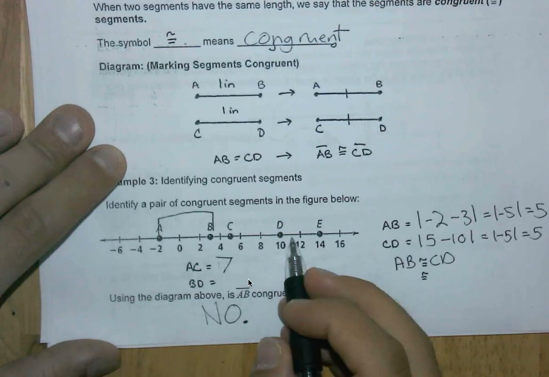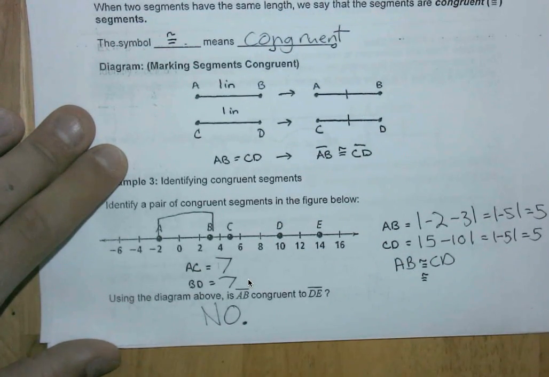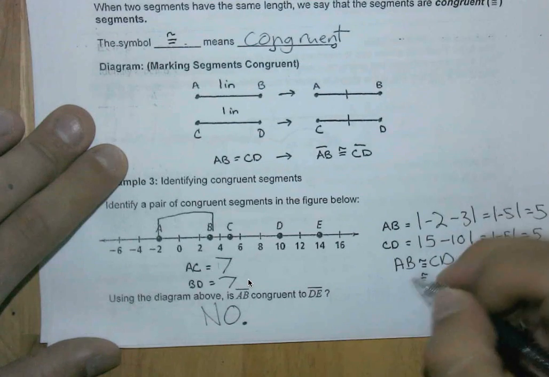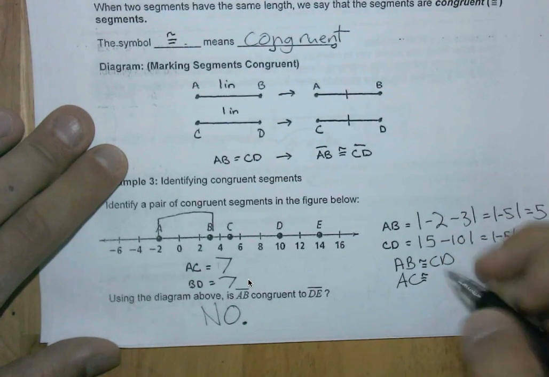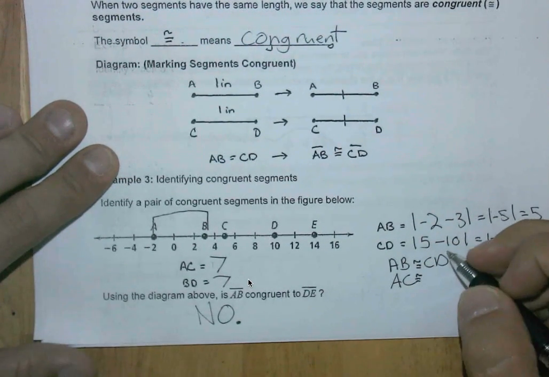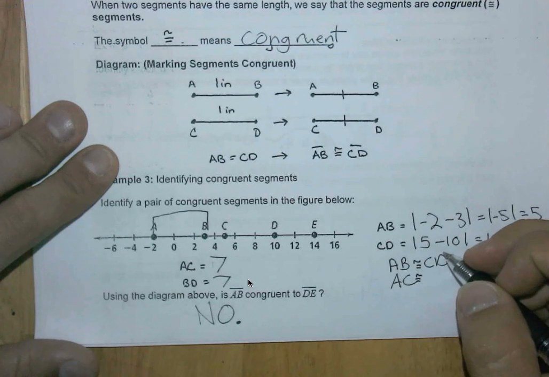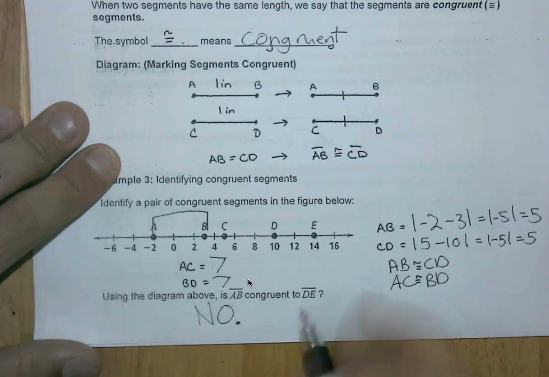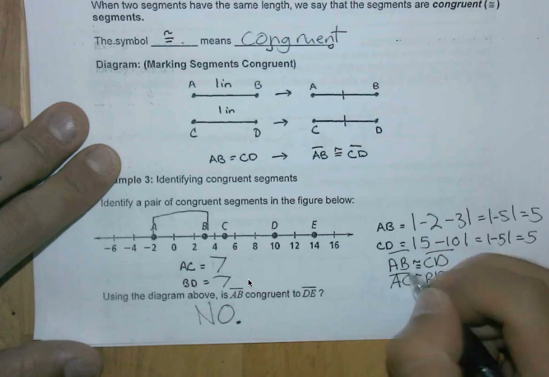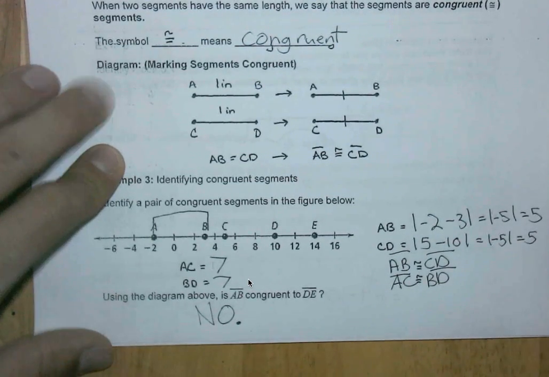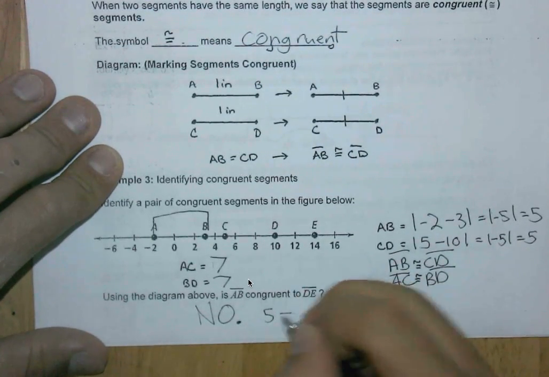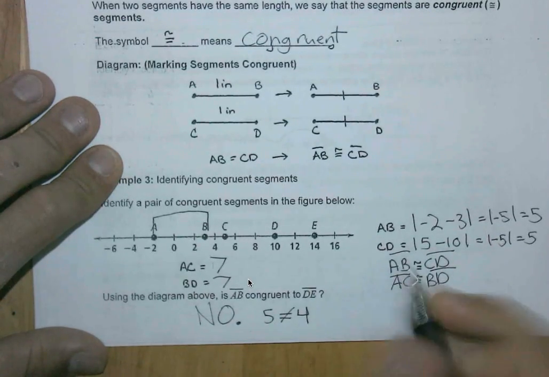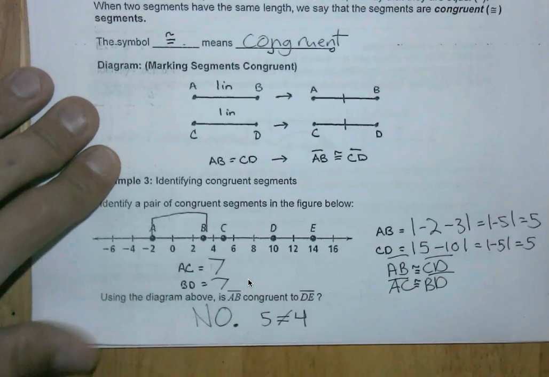B to D is also 7. But yeah, this is just extra, saying that A to C is congruent to B to D. But AB is definitely not congruent to DE, because 5 does not equal 4. AB was 5, DE was 4, so that's no good.